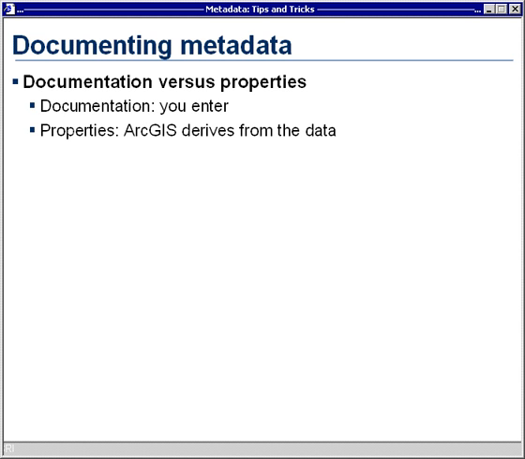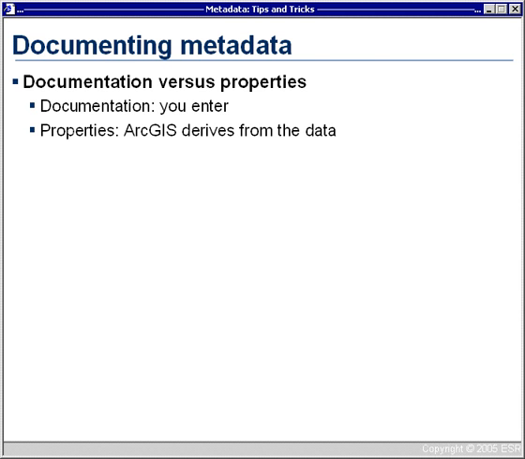Now that you've decided on a standard, let's make sure we're using the same terminology before we move on. When we talk about metadata, there are two types of elements: elements that are documentation and elements that are properties. Documentation elements are entered via one of the editors.